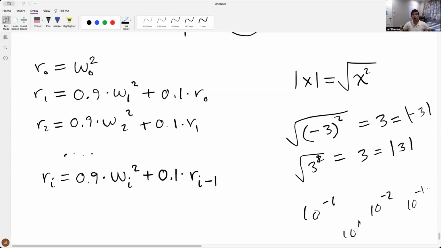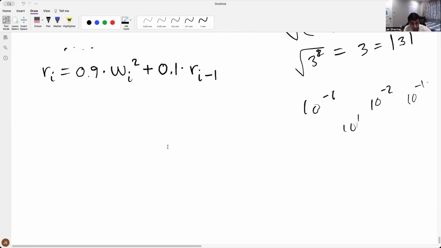And then what we're going to do, when we're updating it, so let's say this was our original update function. So this thing right here, we can scale that by the magnitude, right?